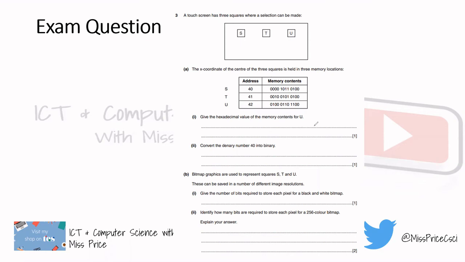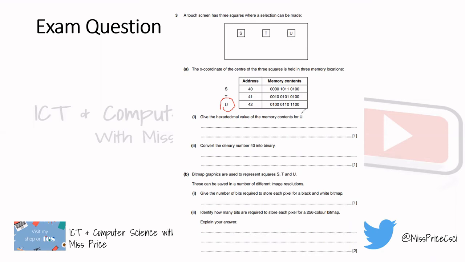Now give the hexadecimal value for the content for U. This is really easy. It wants the content right here for U. You can see that these are simply binary, just 4 bits.